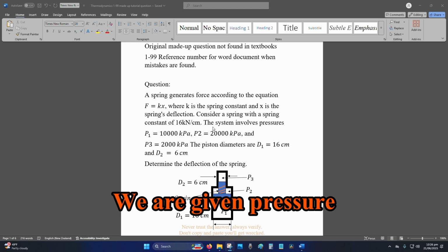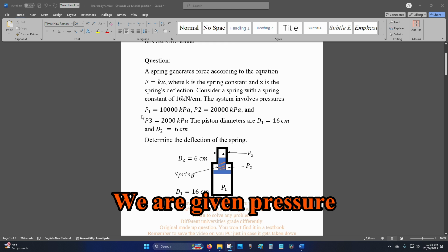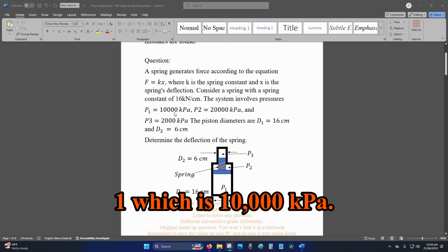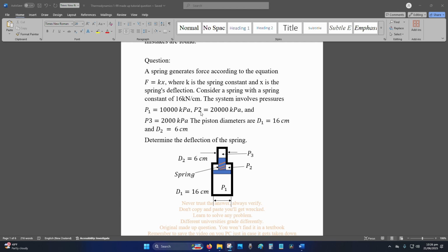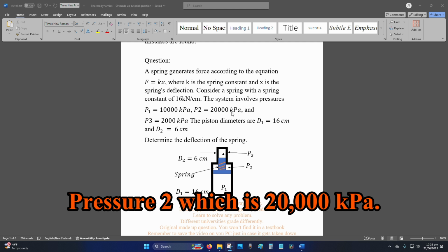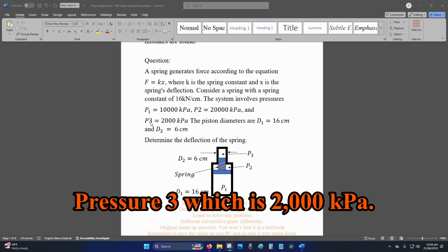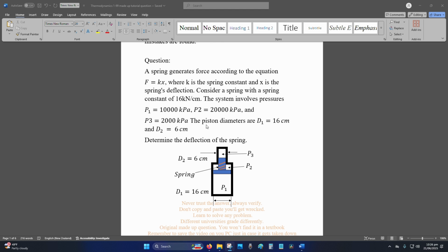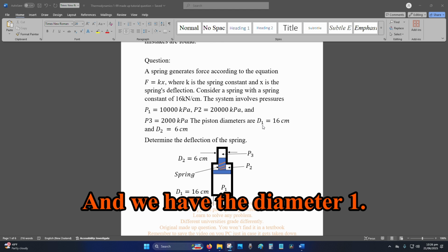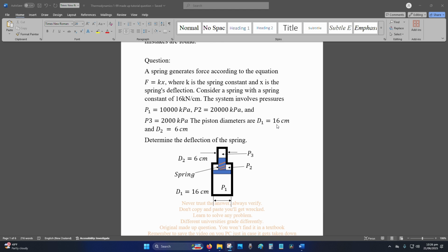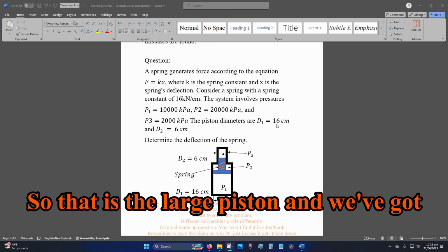We are given pressure 1, which is 10,000 kPa. Pressure 2, which is 20,000 kPa. Pressure 3, which is 2,000 kPa. And we have the diameter 1, so that is the large piston.